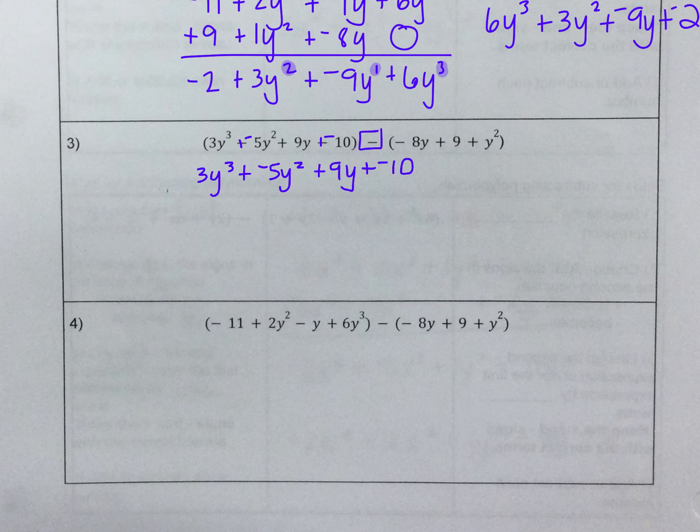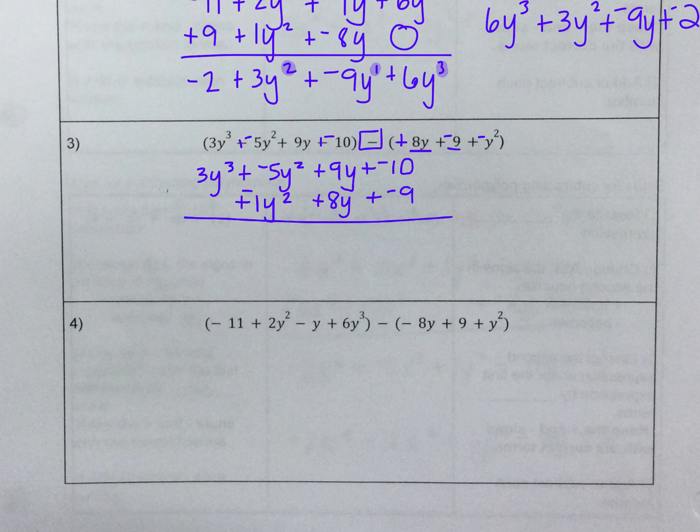Because this is a subtraction, I have to go through and change everything. Make that positive, make that negative, and make that negative. 8y goes under the 9y because they're both just plain old y's. Plus negative 9 plus 1 negative 1y squared.